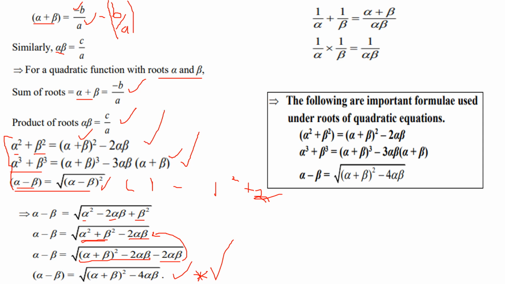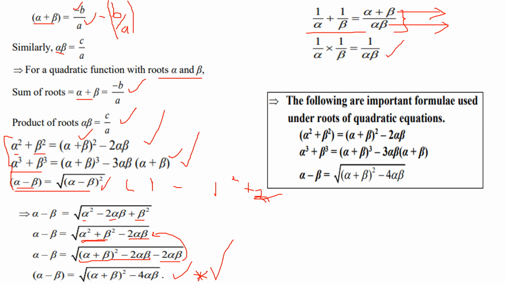Now provided you are given roots of fractions or reciprocal roots, 1 over alpha plus 1 over beta, this is always the sum of roots. How are you going to deal with such roots? You are going to find the LCM first. When you find the LCM, you always have the product of roots and the sum of roots. So the product of roots is always going to be equal to 1 over alpha beta.